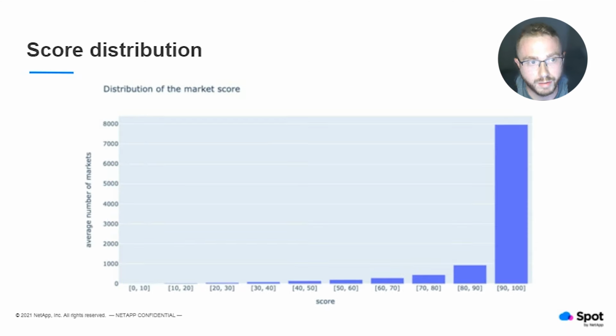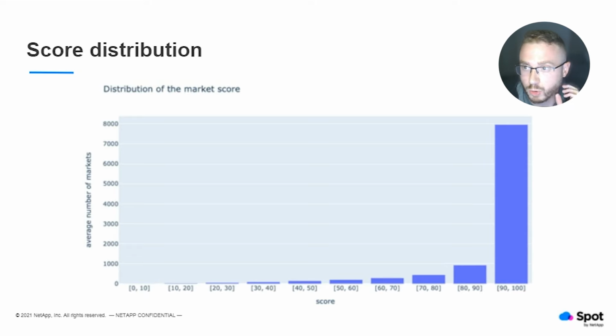The other thing that I think is important is to look at the score distribution, because we don't want all the markets to have bad scores. If we can run on a market, we want to run on it. What we are showing here is the distribution of markets, and you can see that most of them live between 90 and 100.